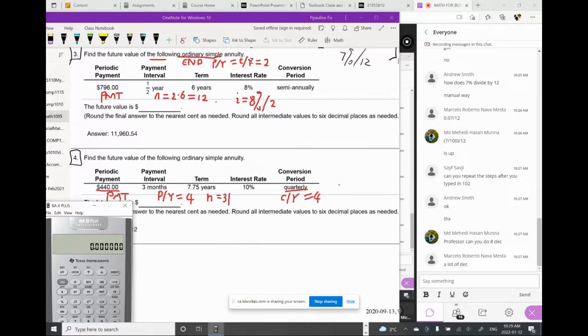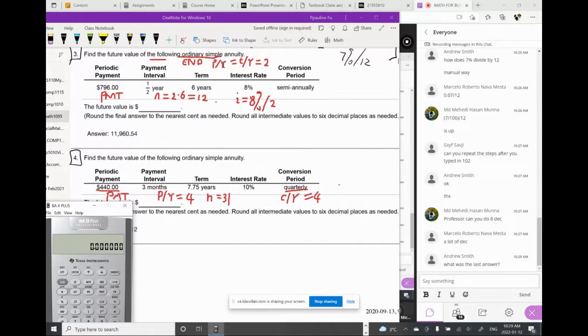Next chapter, we'll learn PY not equal to CY, but chapter 11, always PY equal to CY. And remember what is PY again? Number of payments per year or number of deposits per year. Remember what is CY? Number of interest conversion periods per year. Okay, let's do this question.